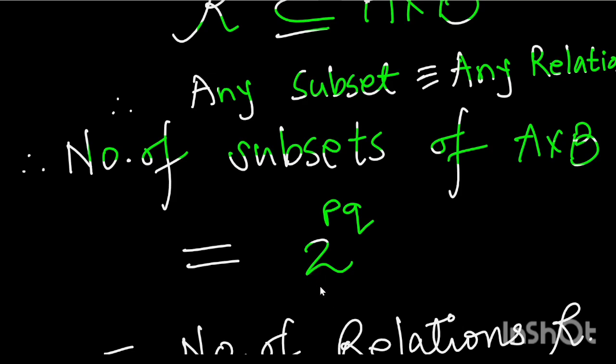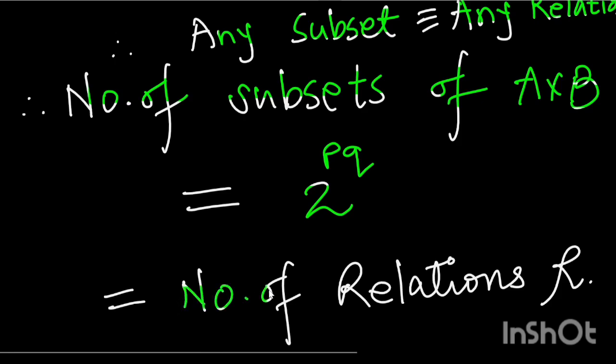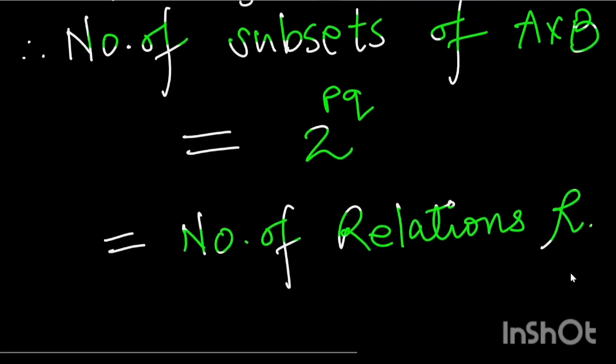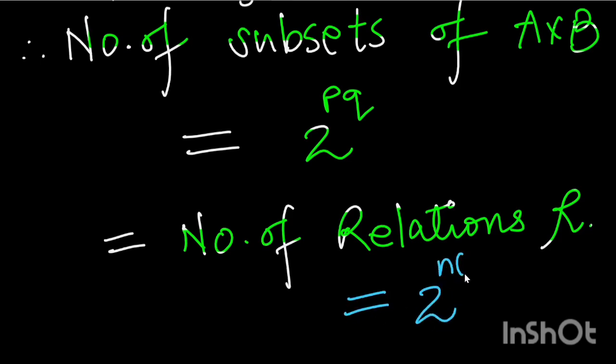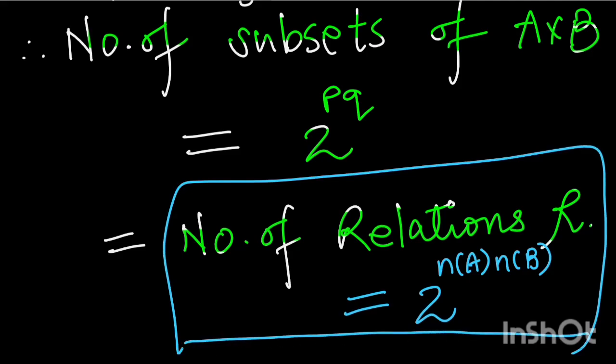So the number of subsets of A cross B has to be equal to the number of relations from A to B. So that is the answer. The number of relations is 2 to the power n(A) into n(B), guys. That is the number of relations R that can be defined from A to B.